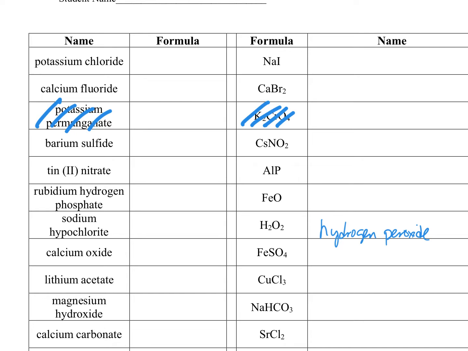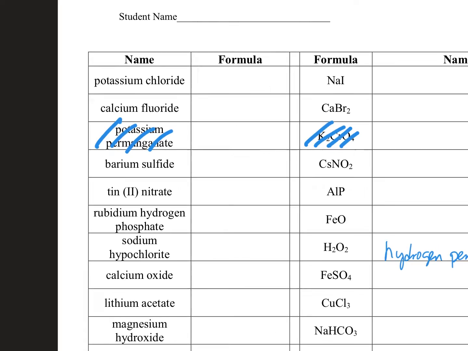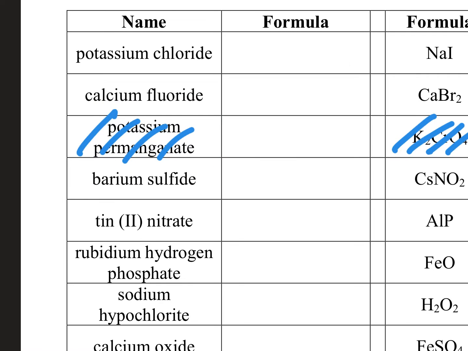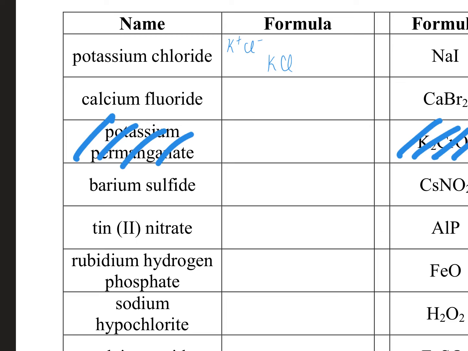Okay, so let's start at the top, and what I'll do is I'll do this first column and then we'll go to the second column. So we have potassium chloride, formed by K+ and Cl- combining to make KCl. Calcium fluoride is Ca2+ and F- coming together to make CaF2.